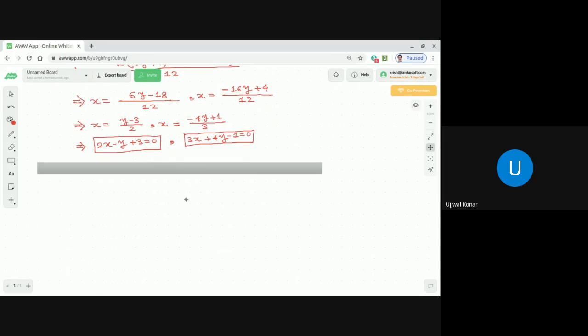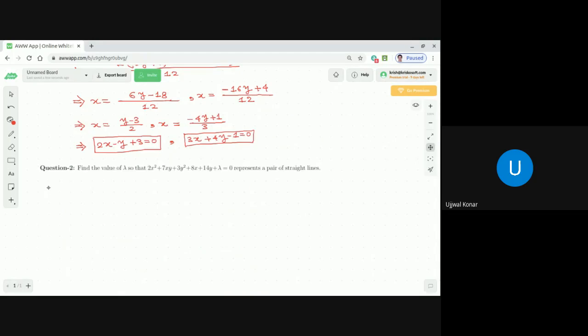Find the value of lambda so that the general equation of second degree, 2x square plus 7xy plus 3y square plus 8x plus 14y plus lambda equal to 0, represents a pair of straight lines. Now, dear students, if you recall, under what condition does a general equation of second degree represent a pair of straight lines?